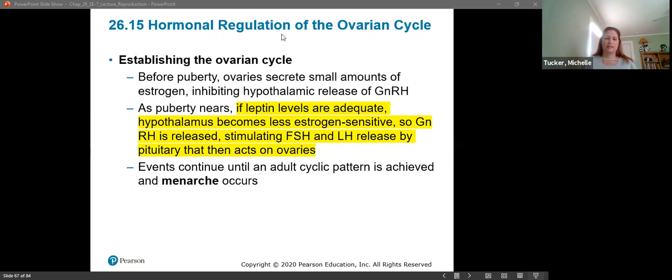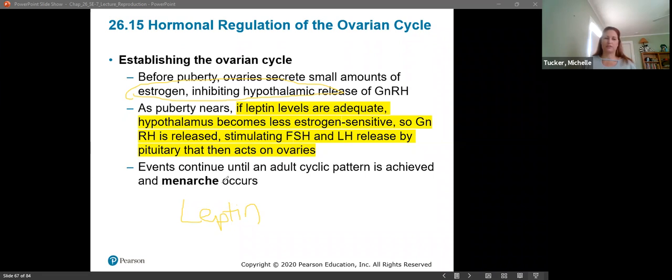So what this slide is saying is that in prepubescent females, estrogen inhibits the hypothalamus, but leptin, which is produced by adipose tissue, makes the hypothalamus less estrogen sensitive.